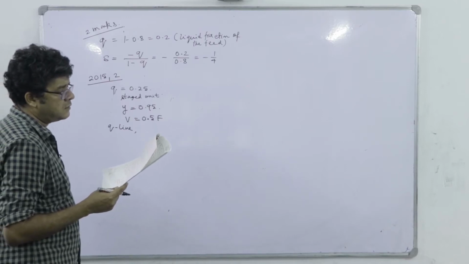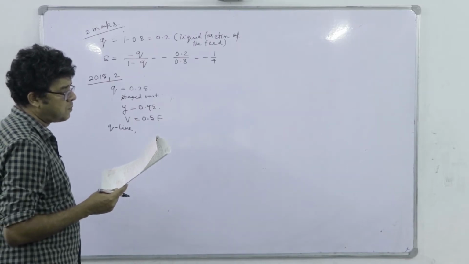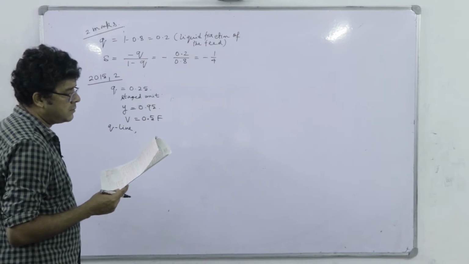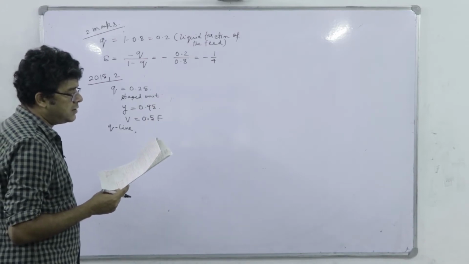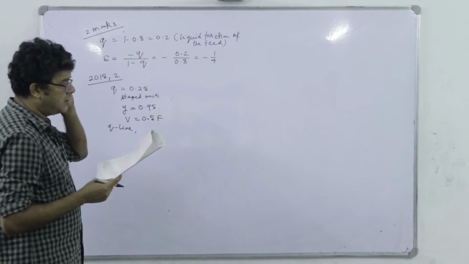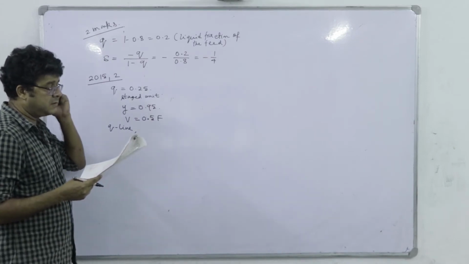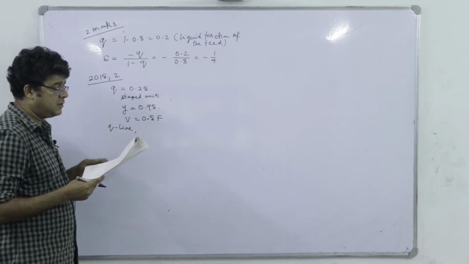And this component in the distillate is 0.95, the molar flow rate of the distillate is 50% of the feed flow rate. McCabe-Thiele method can be used.